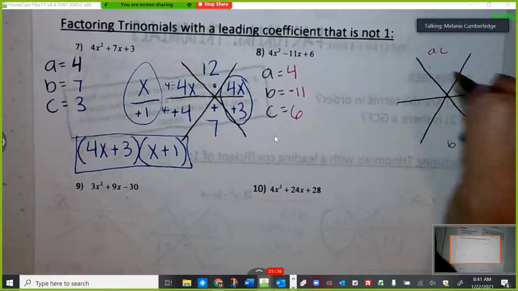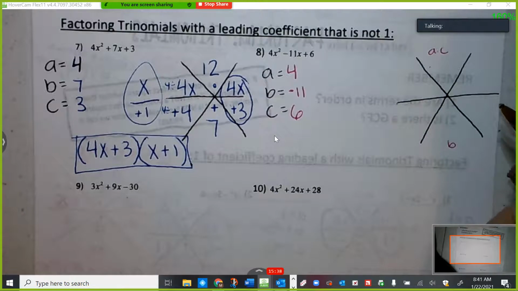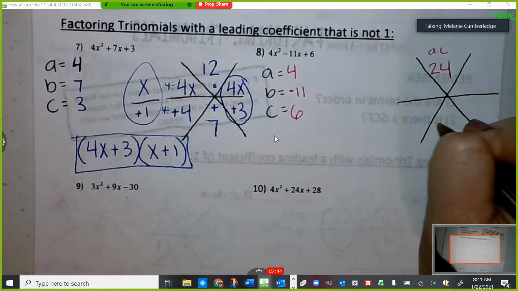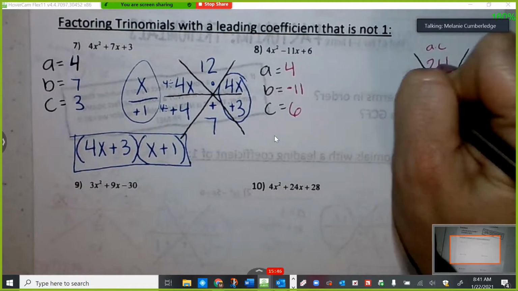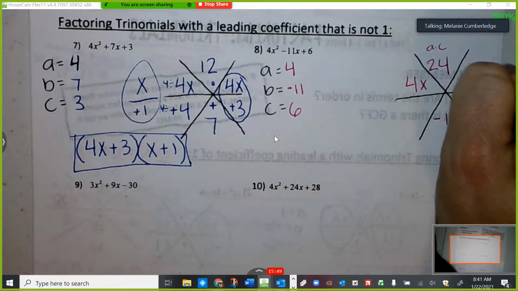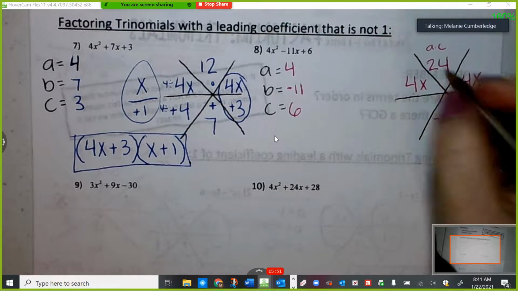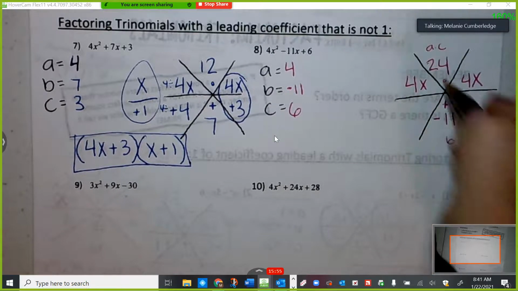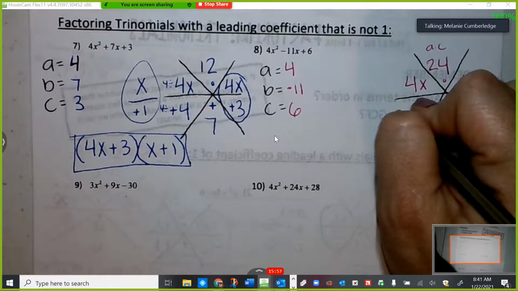What's 4 times 6, y'all? 24. Okay, and then B is negative 11. AX. What multiplies to give me 24 but adds to give me negative 11? Well, when my top is positive and my bottom is negative, I know I'm going to have 2 negatives.